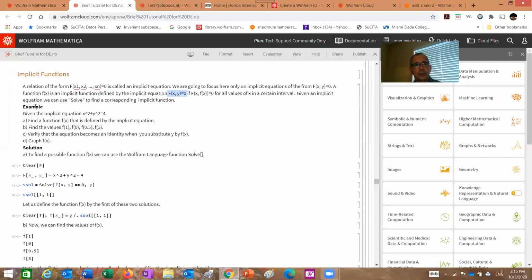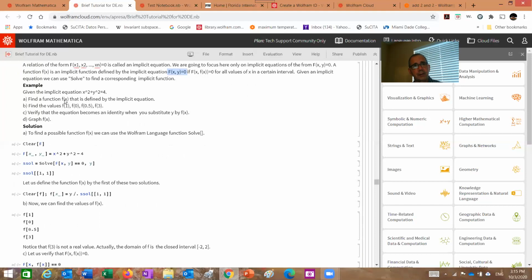Given an implicit equation, we can use Solve to find a corresponding implicit solution. Given the implicit equation x to the second plus y to the second is equal to 4, find the function f of x that is defined by the implicit equation, one of the functions defined by it. For that function, find f of 1, f of 0, f of 0.5, f of 3.